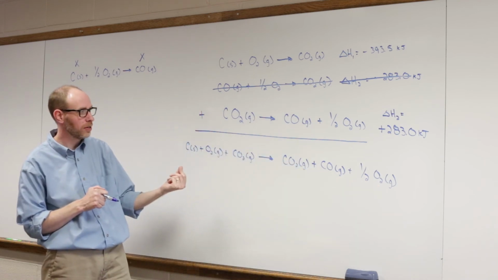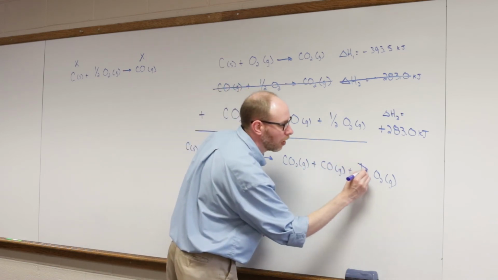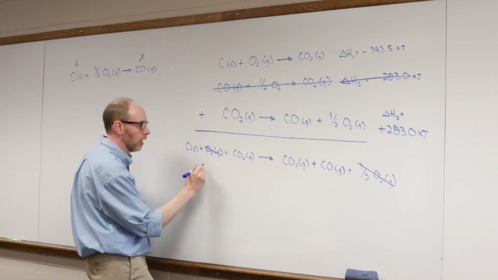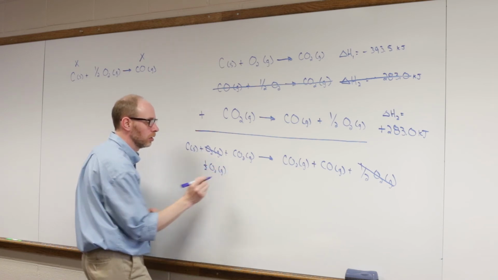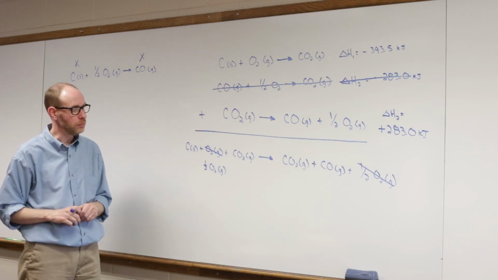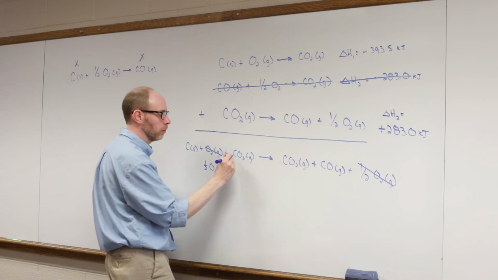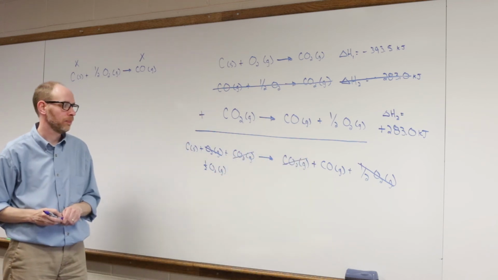Same chemical species. So I can cross out 1/2 oxygen on each side of the reaction arrow. So now I only have 1/2 oxygen left over. What do I have left? Carbon dioxide, I have 1 of them here and 1 of them there. They're the same, so they cross out.